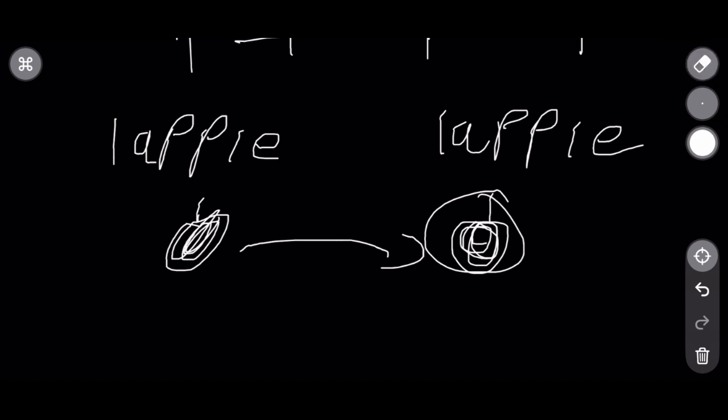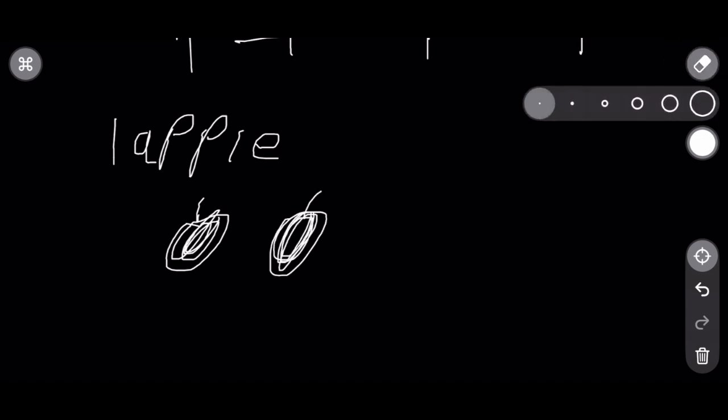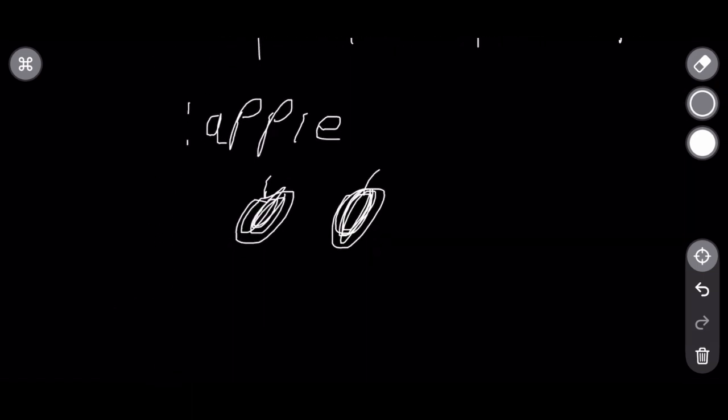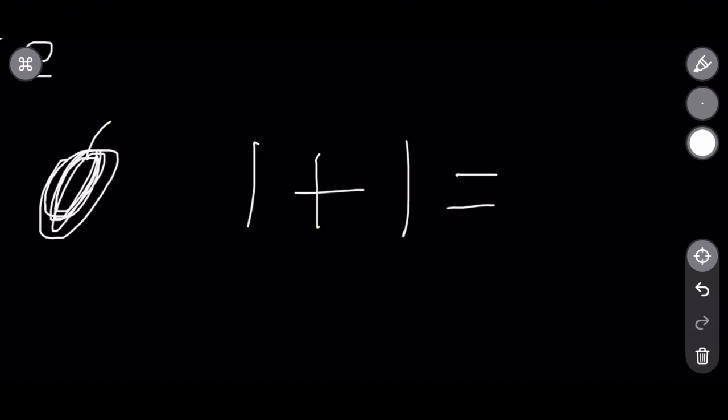Then what that does is that John takes her apple, and now John doesn't have 1 apple. John has 2 apples. The way it's symbolized, this is the adding symbol: 1 plus 1 equals 2.